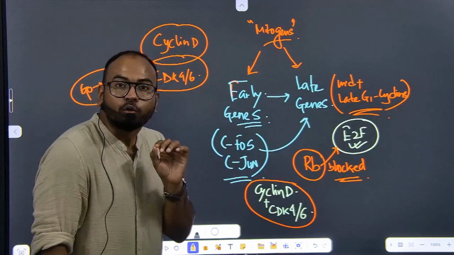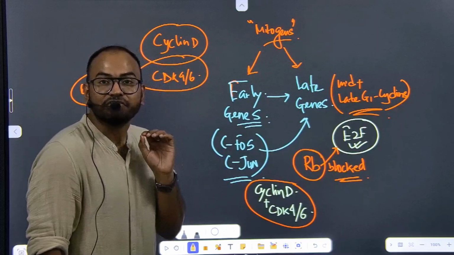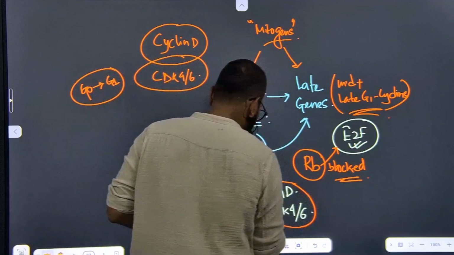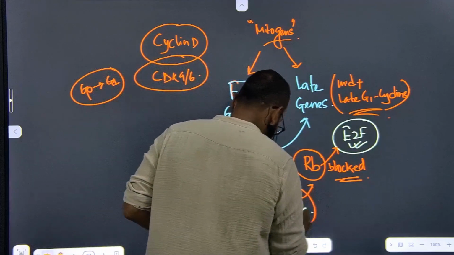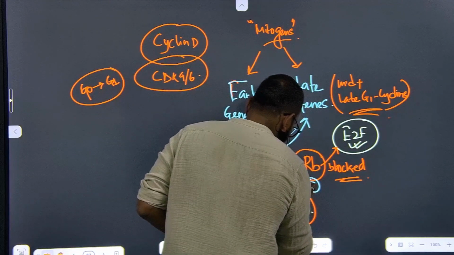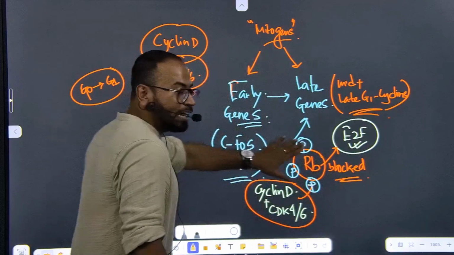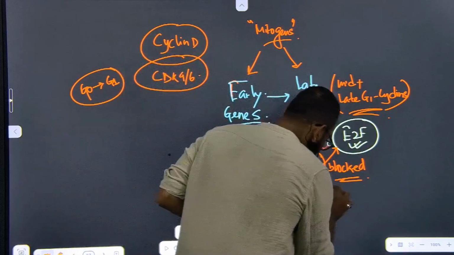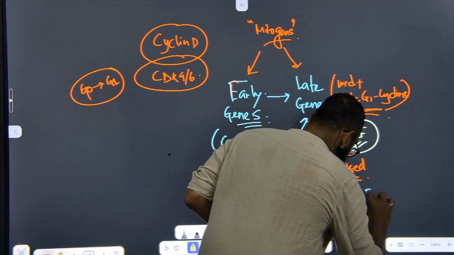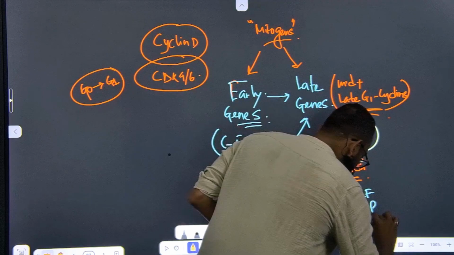And if RB protein is phosphorylated, then E2F gets freed. That means cyclin D and CDK 4/6 are phosphorylating the RB, and if RB gets phosphorylated, then E2F gets freed.